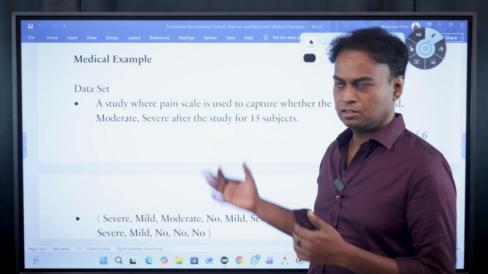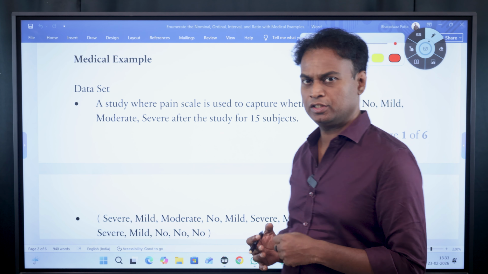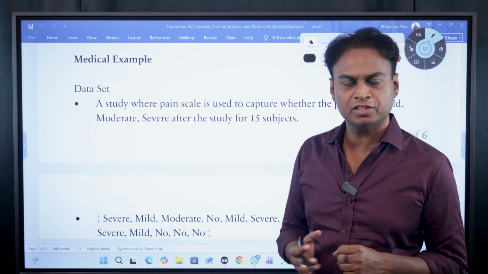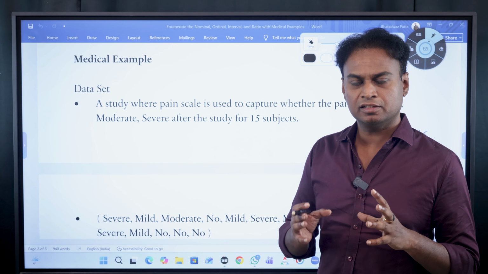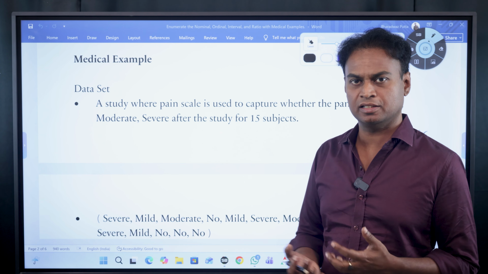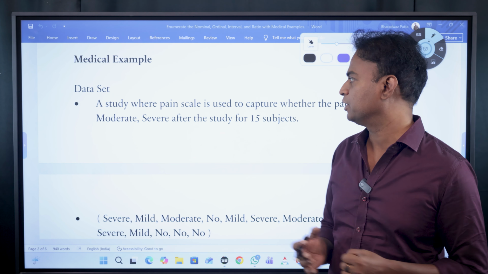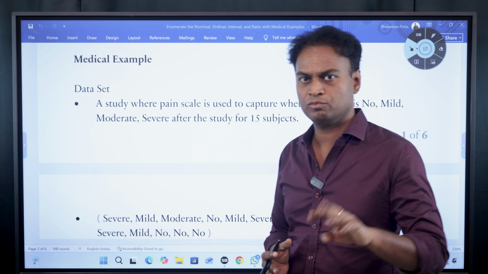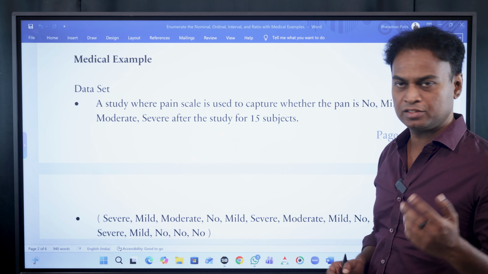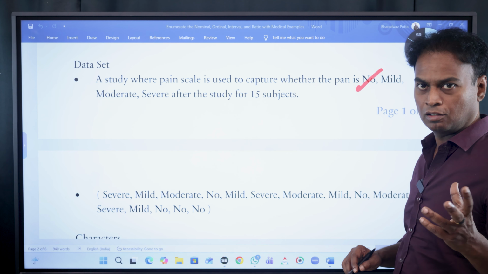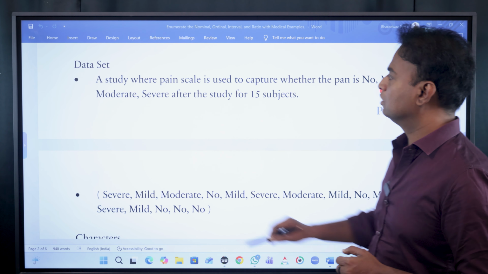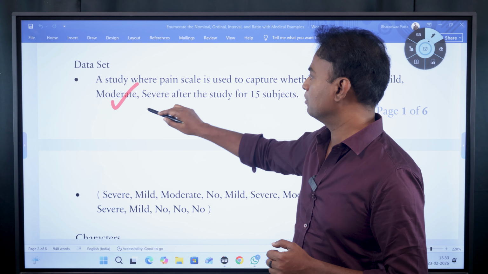Okay, let's define the data set. It is a clinical trial where 15 patients are given medication for pain killing. At the end of the clinical trial, we take the pain scale for the 15 patients. The data set has 4 outcomes: either no pain, mild pain, moderate pain, or severe pain.